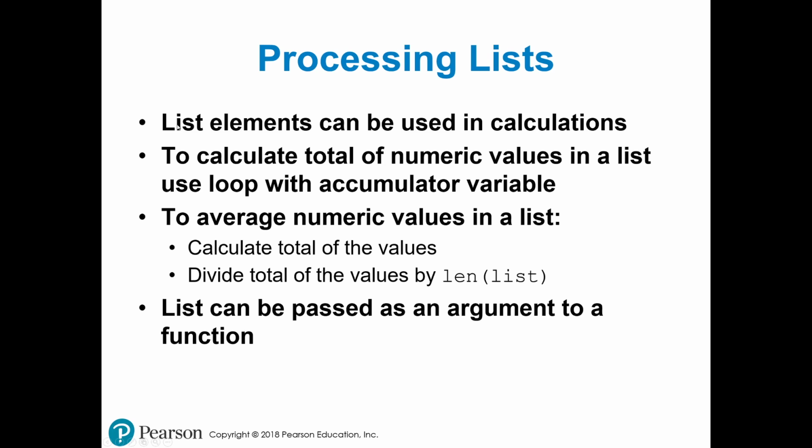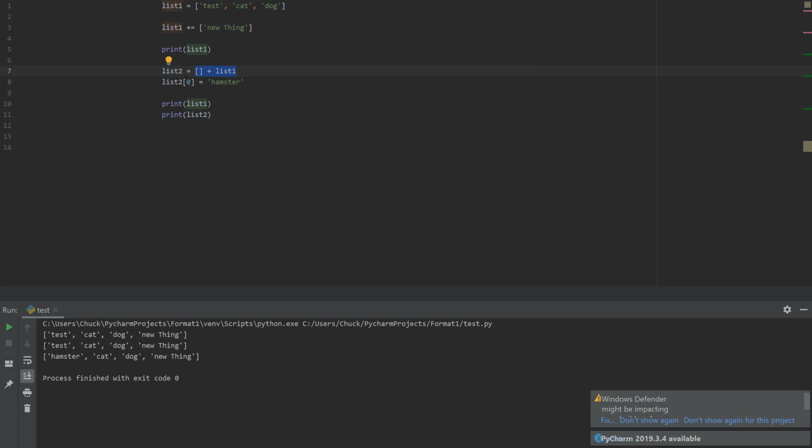Alright, so we can use list elements in calculations. We can calculate the total of the numeric values in a list using a loop with an accumulator variable. Let's call it list3 equals 1, 2, 3, right?